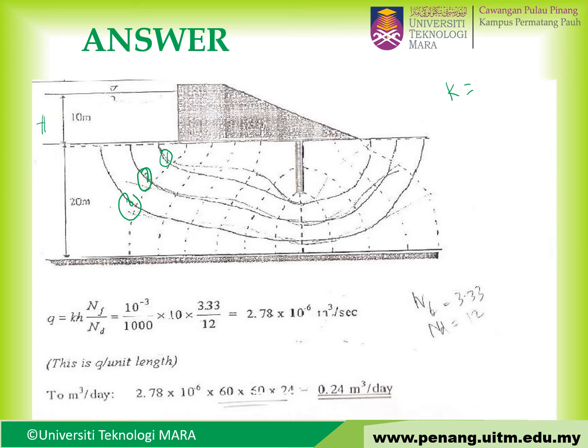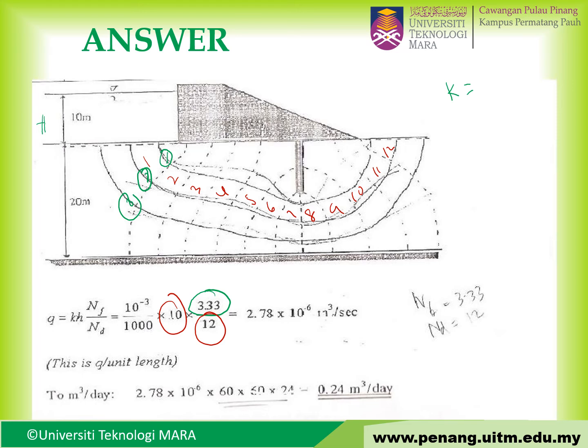For example, this one is NF, and ND you have 1, 2, 3, 4, 5, 6, 7, 8, 9, 10, 11, 12. So you have 12, and H is 10, K is 10 power of minus 3 over 1000.